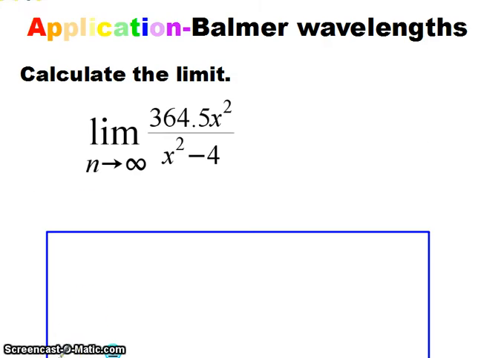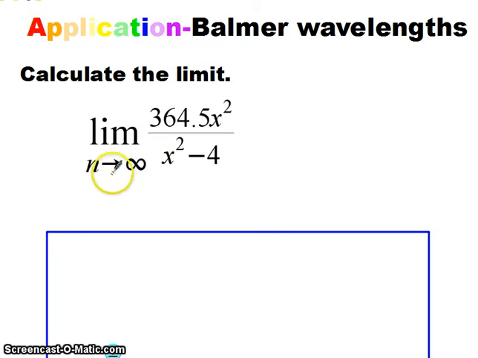So here's an application of something called Balmer wavelengths. It plays an important role in physics and chemistry because it determines the ionization energy of the hydrogen atom. If you looked in your textbook, you would see a table of values for n being greater than 3 and moving up. Here I have the limit written.